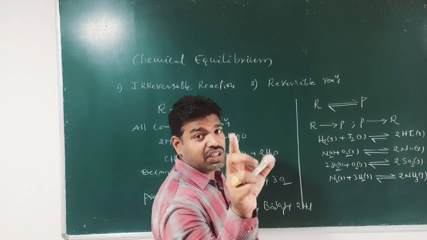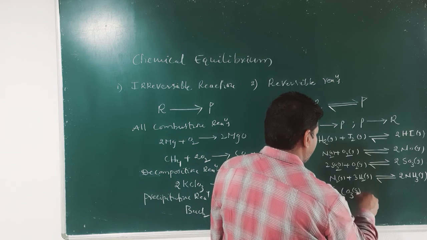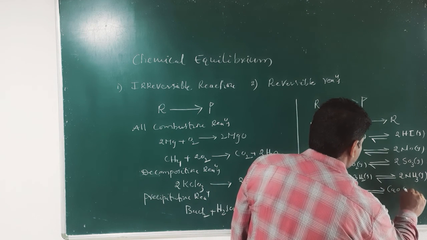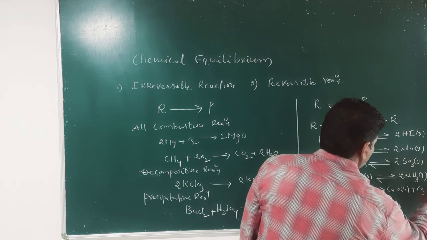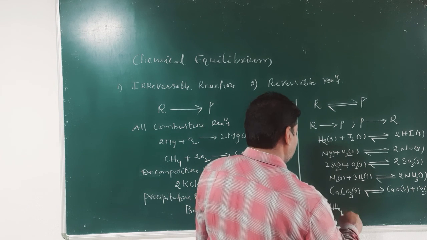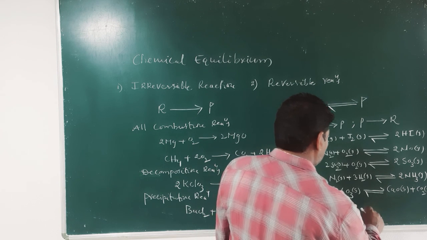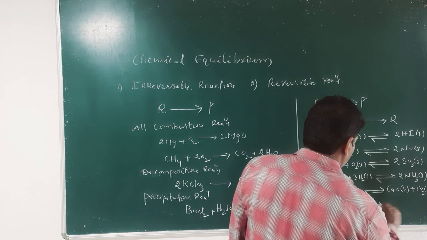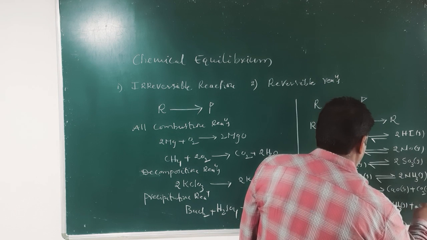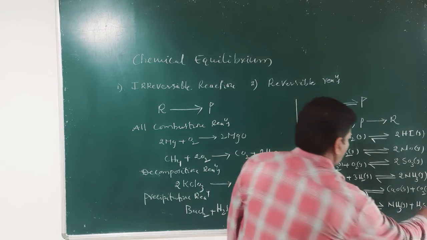And one most important example is calcium carbonate, CaCO3 solid, which undergoes a reversible reaction and forms CaO, calcium oxide solid, and CO2 gas, and NH4HS, that is solid, gives rise to NH3 gas plus H2S gas.